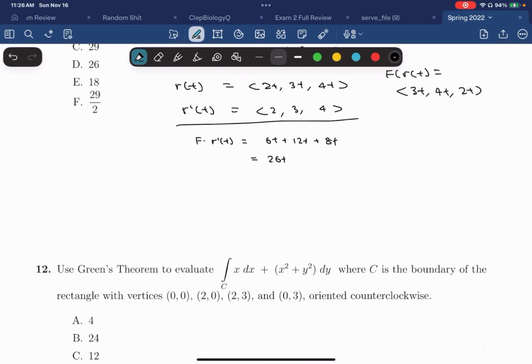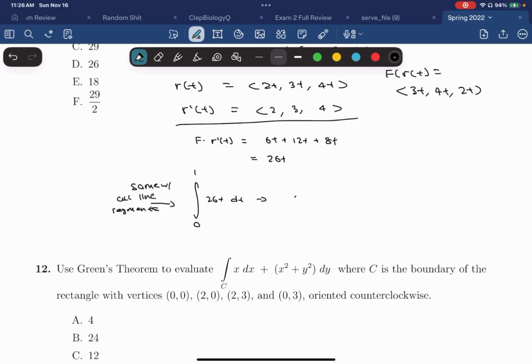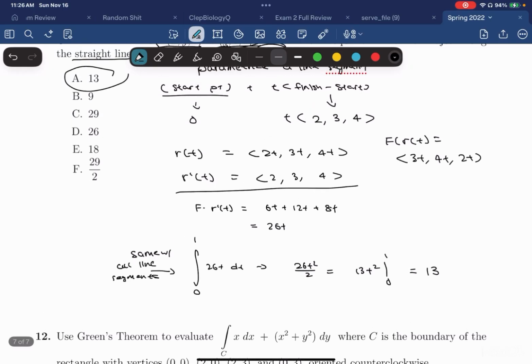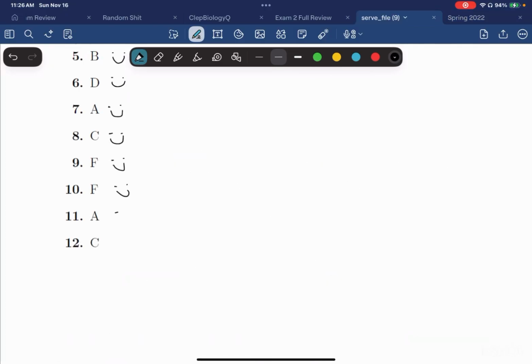And then if we integrate from 0 to 1, which is the same with all line segments, you get the integral of 26t dt, which gets you 26t squared over 2, which is 13t squared from 0 to 1. That simply gets you the answer 13, which is answer choice A, which is the correct answer choice.